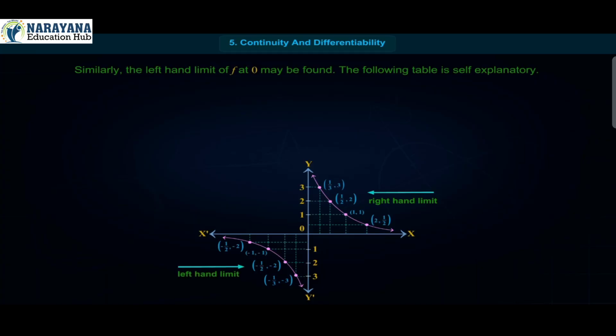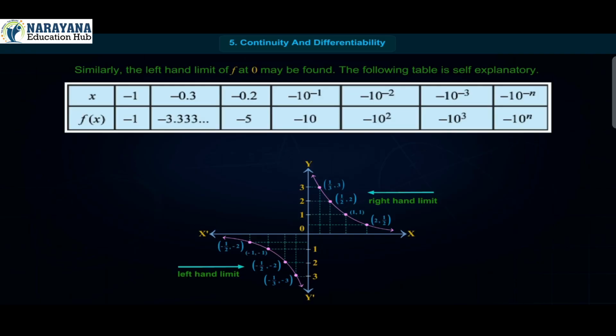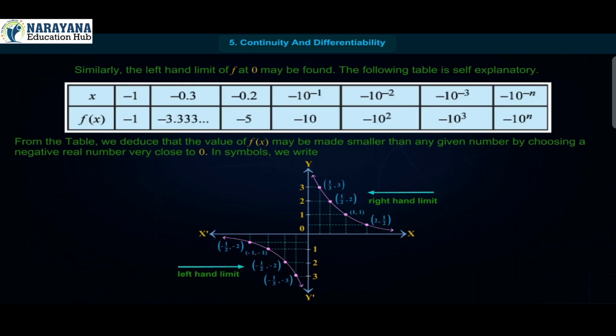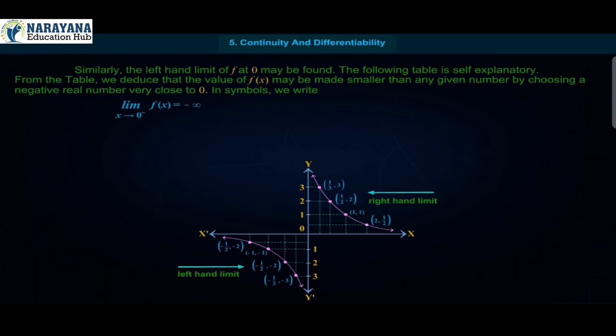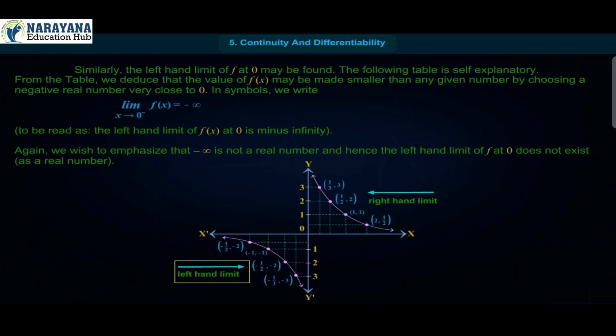Similarly, the left-hand limit of f at 0 may be found. The following table is self-explanatory. From the table, we deduce that the value of f of x may be made smaller than any given number by choosing a negative real number very close to 0. In symbols, we write limit x tends to 0 minus f of x is equal to minus infinity, to be read as the left-hand limit of f of x at 0 is minus infinity.